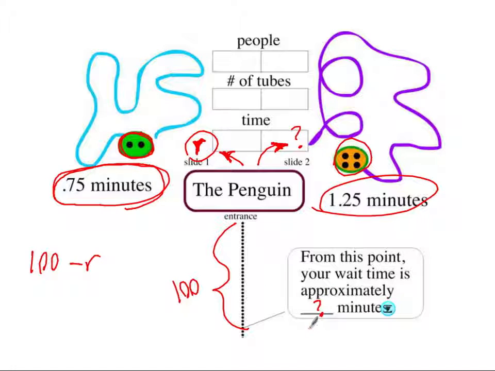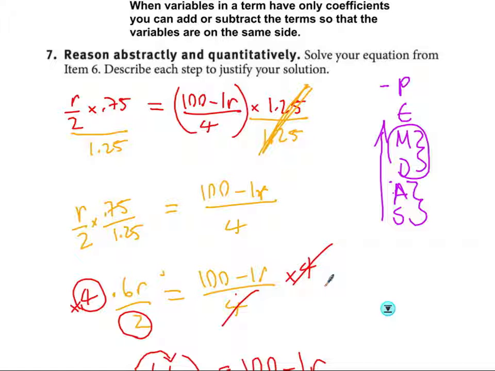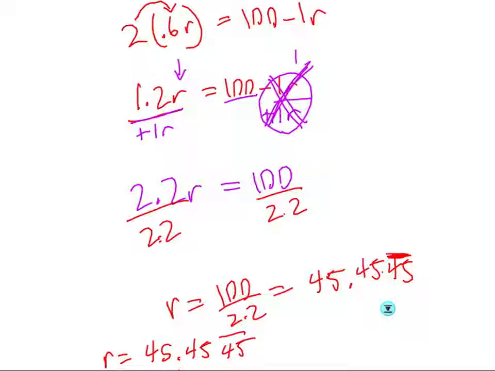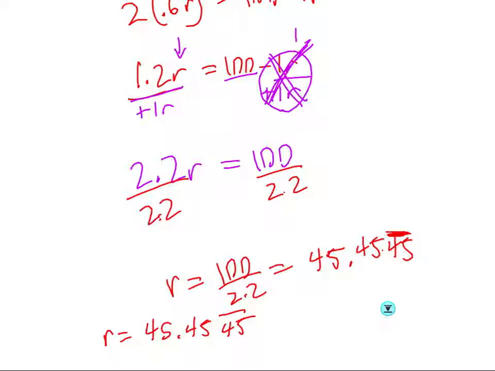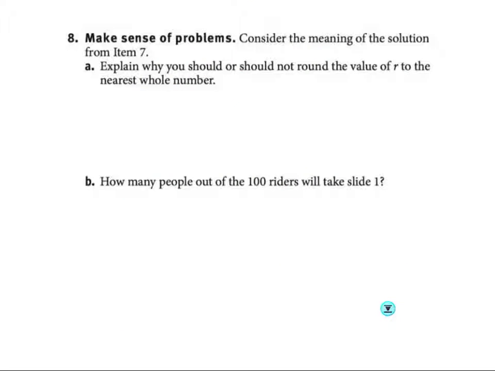So the 101st person is going to read the sign to know how much time that person has to wait. So it is up to you to go ahead and interpret what r equals 45.45 means.